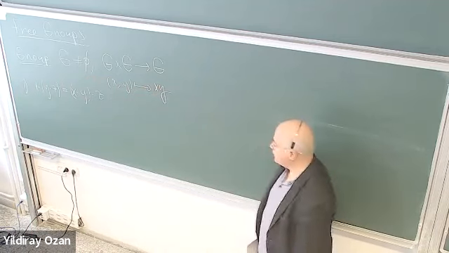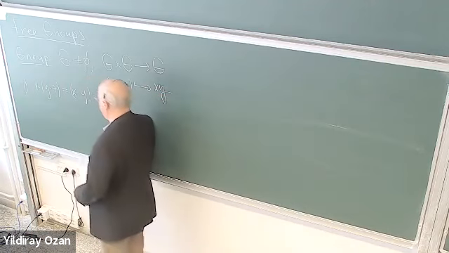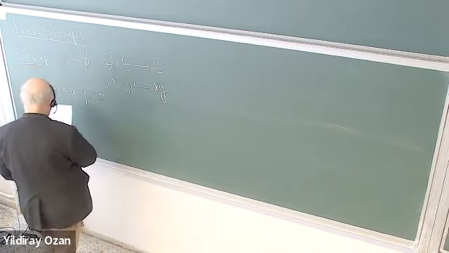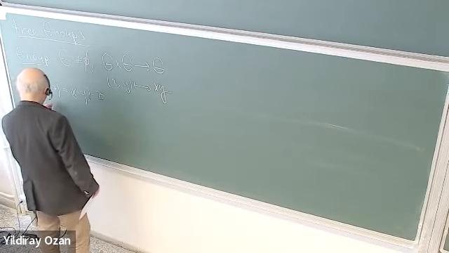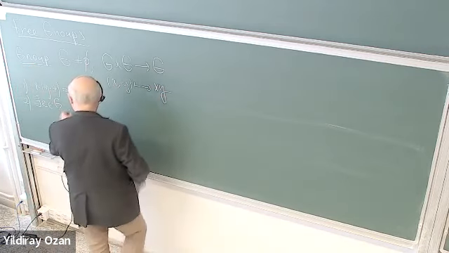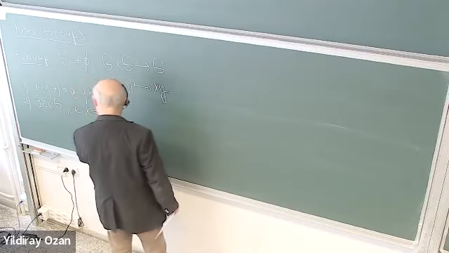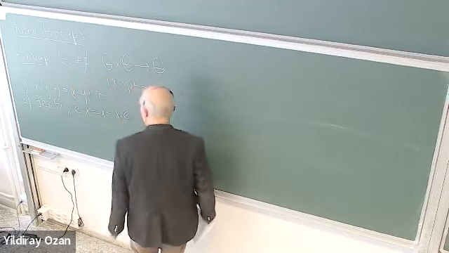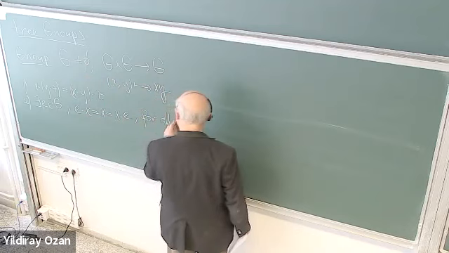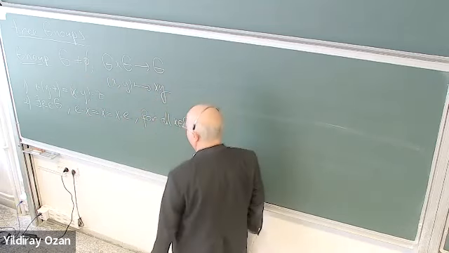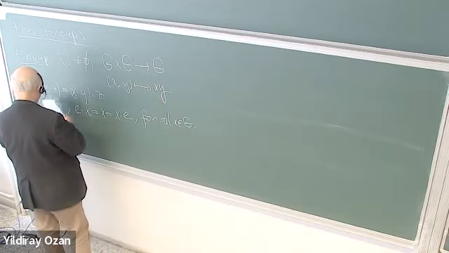Okay, so (x times y) times z is x times (y times z), associative. There is an identity element, such that e times x and x times e are equal to x for all x in G. So there is an identity element, and there is an inverse element.